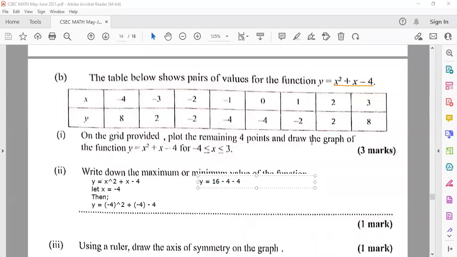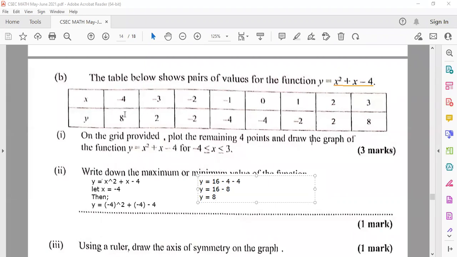And of course, we know that 16 minus, well, we're subtracting 4 two times, so that's minus 8. So y is equal to 8, which is the value that they have here.